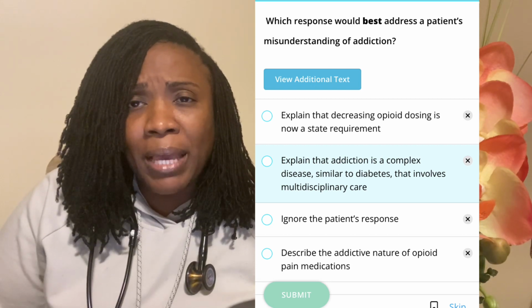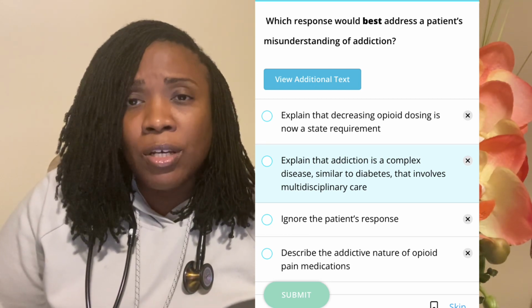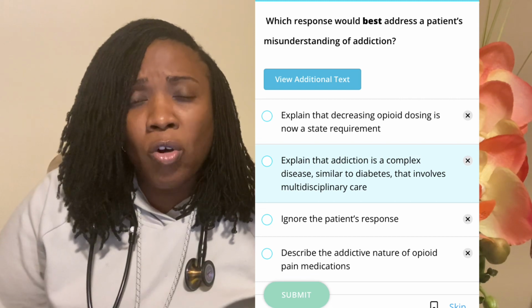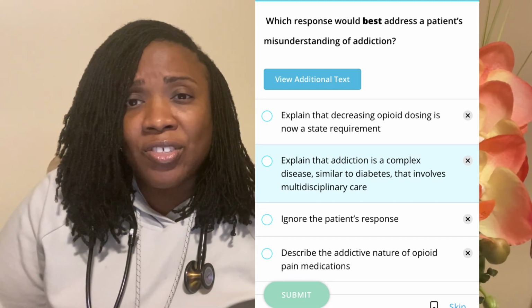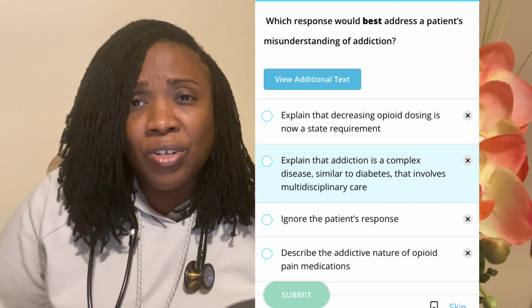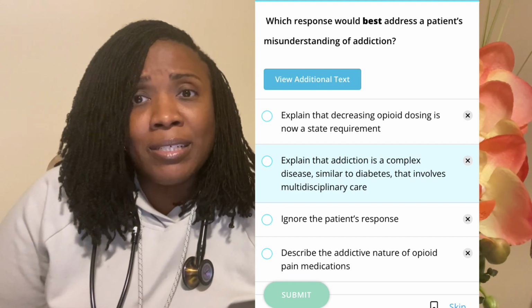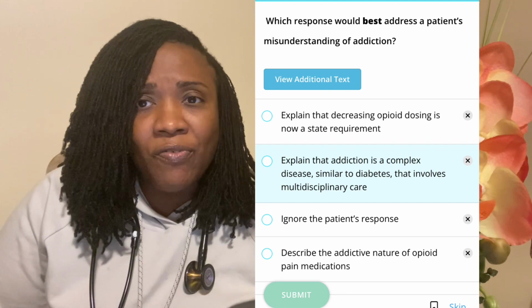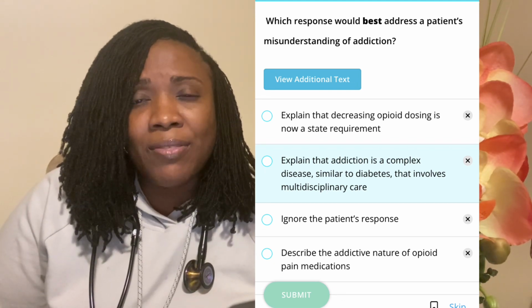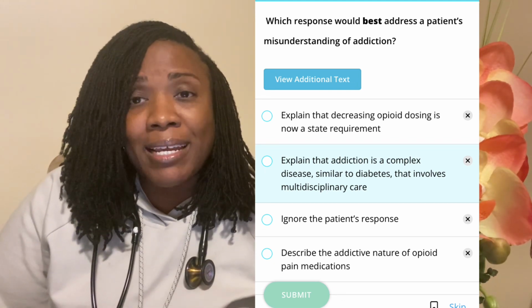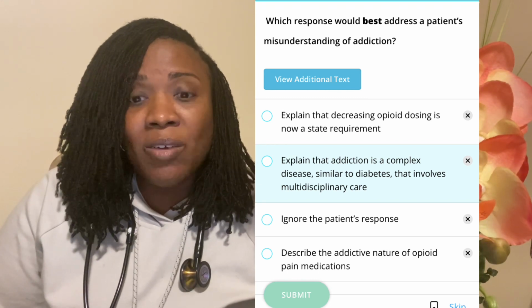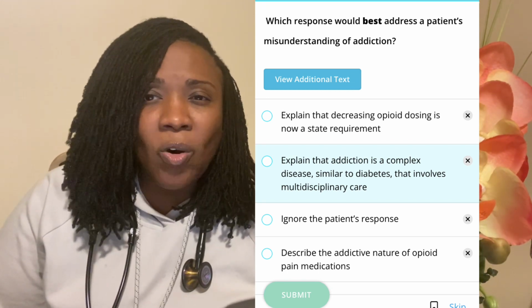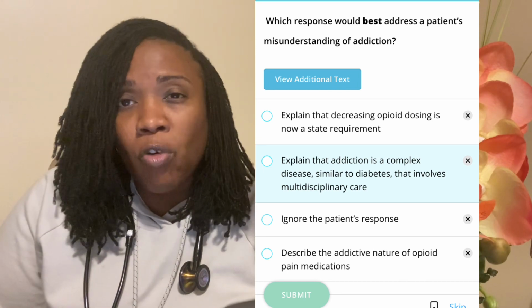So the thing about pain medications and addiction, usually if a patient is already addicted to a pain medication, they understand the nature of their addiction. They're addicted to the medication, and they're coming to you for help based off the strength that they're already addicted to the medication.